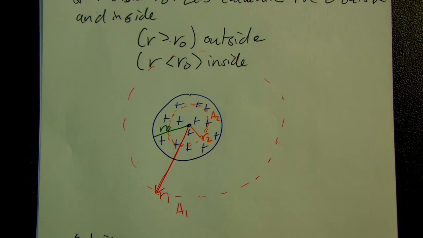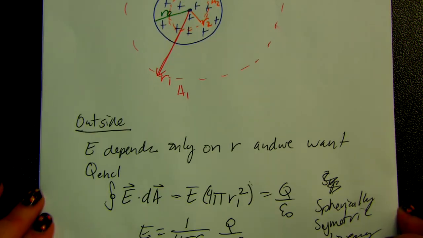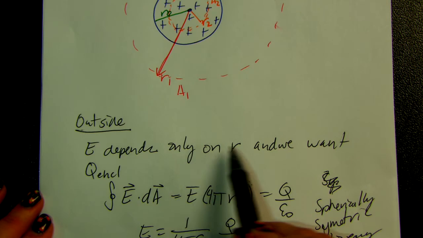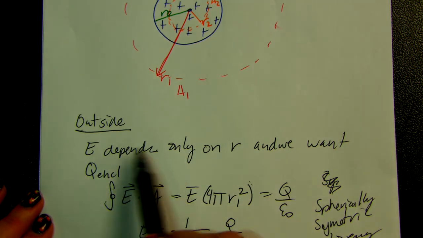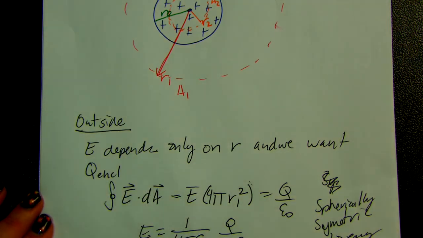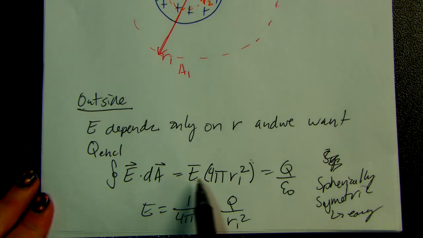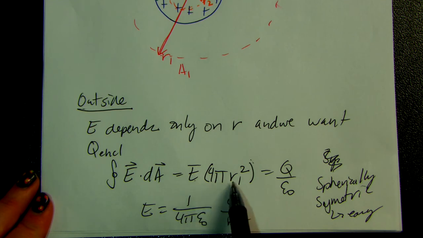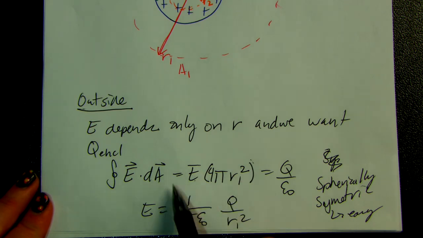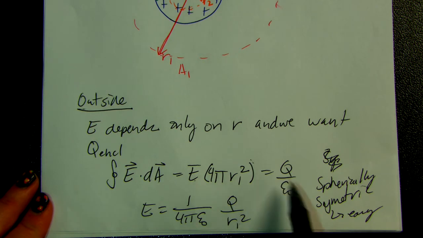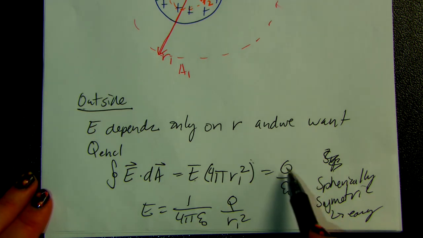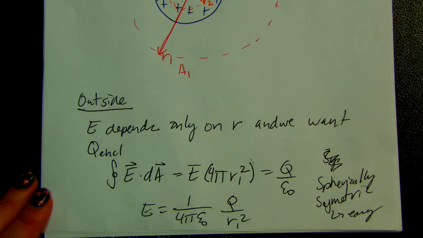Okay, so to do the calculations outside, we know that E depends only on R, and we want to go after Q enclosed. So we just use Gauss's law. So we have the surface integral, E dot dA, is equal to E times 4 pi R1 squared, so that's the surface area of a sphere, is equal to Q over epsilon naught, which is the charge enclosed over the permittivity of free space.